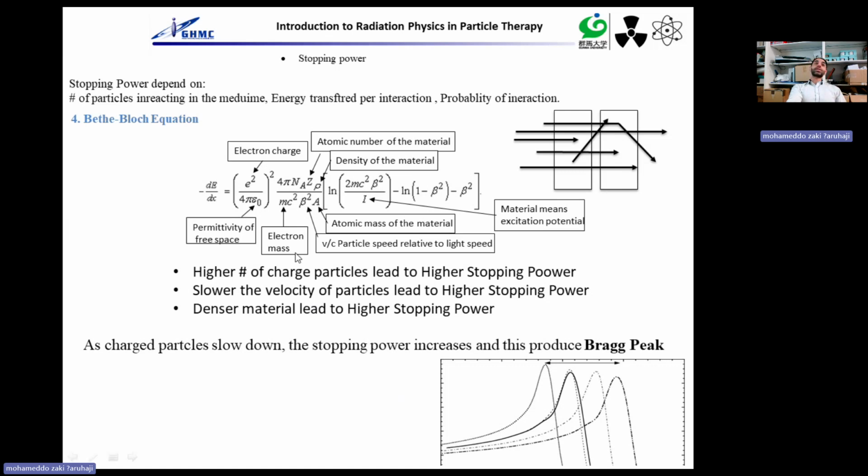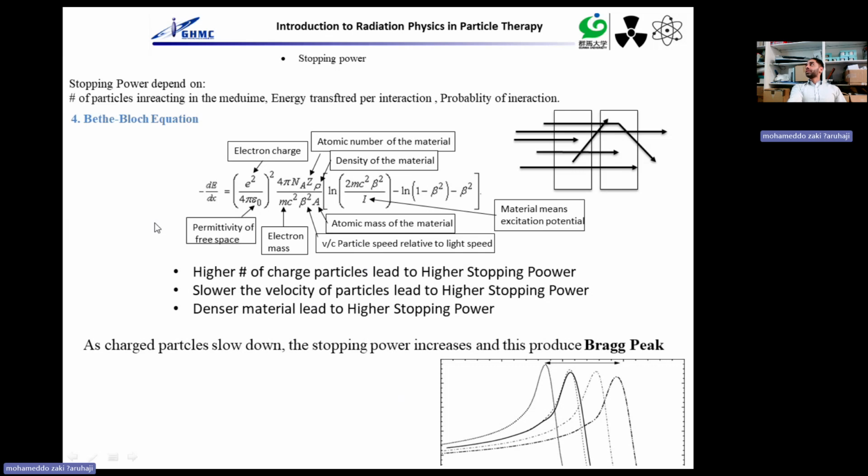Not the only things, but those are the most important. There are many things, but for us, the most important things to understand in this equation are the density of material, the velocity of a particle, and the number of particles. If we know those, that is enough information to understand the stopping power.